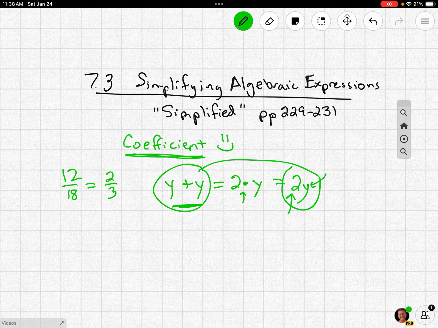In one expression, the y might be equal to 10. In another one, the y might be equal to 18. It varies or changes. So that's called the variable. And this is called the coefficient. I'm not going to write it again. It's right over there. The coefficient. All right. You've got to just memorize that stuff.